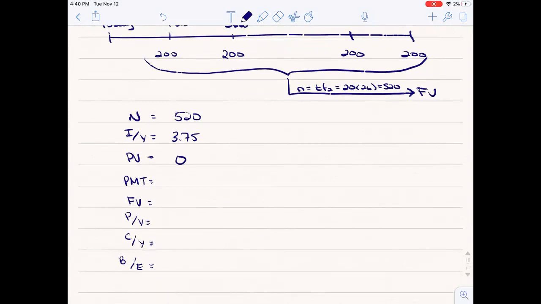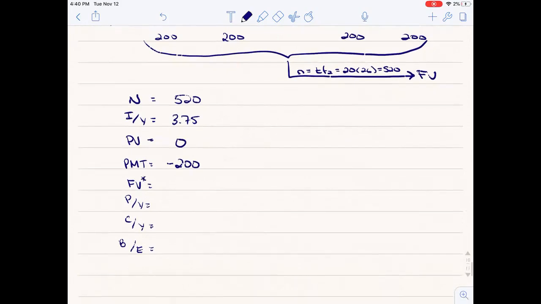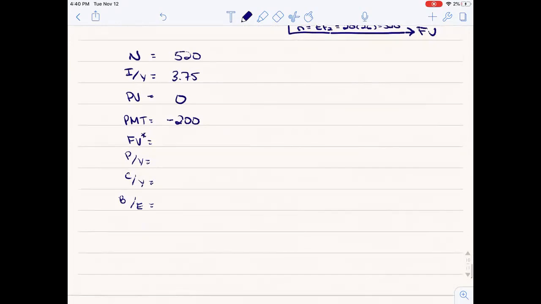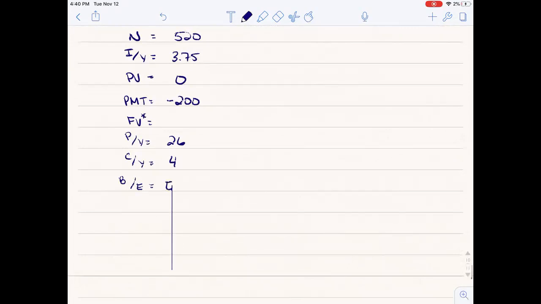The present value is 0, they start with nothing. And they're making payments of $200, that's $200 leaving their hands, so it has to be negative. I'm trying to find the future value, so I'm going to put a star there and come back to it. Then the payments per year is 26, the compoundings per year is 4, and I'm in the end mode.